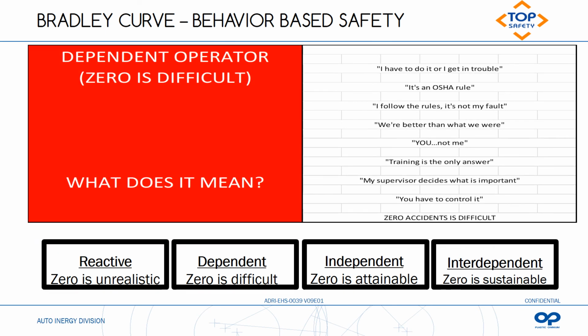If you are a dependent operator, you follow it because it's an OSHA rule. You did it, not me. My supervisor decides what's important. 0 accidents is difficult.